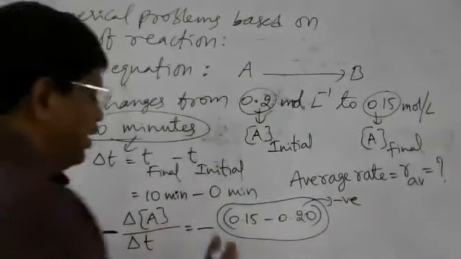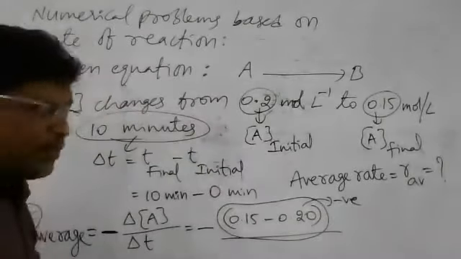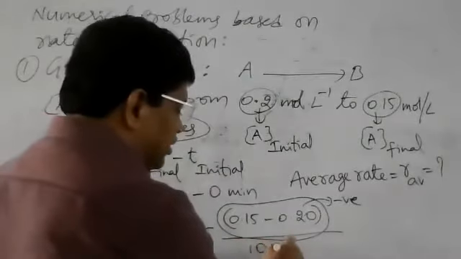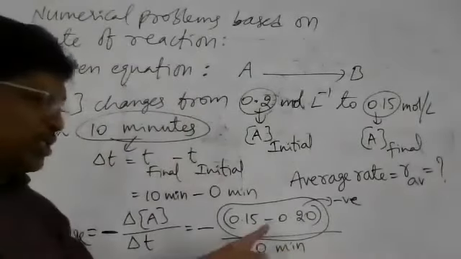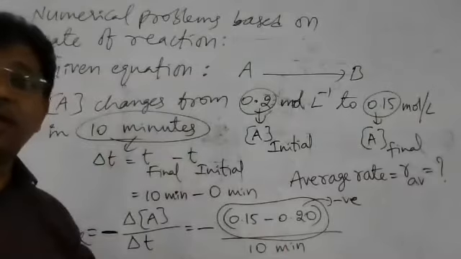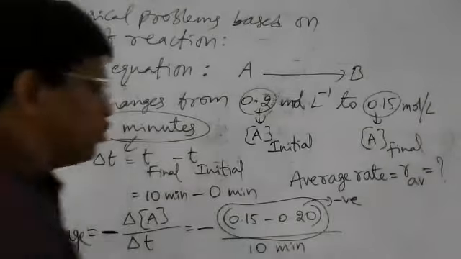Divided by delta T. How many minutes is given? 10 minutes. So now it is the change in concentration of A by the change in time. 0.15 minus 0.20 is 0.05.